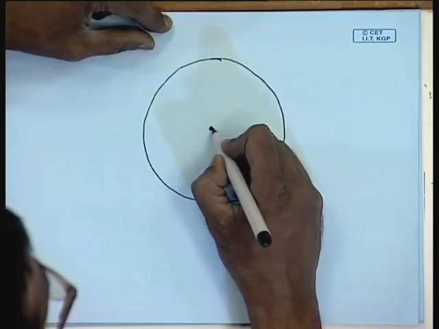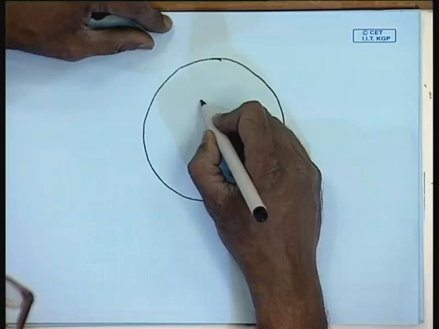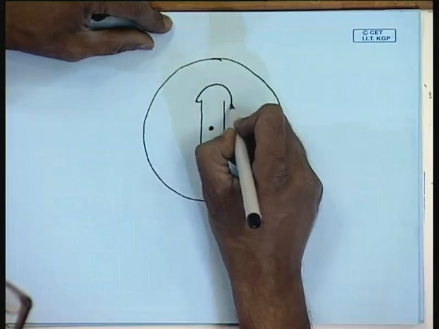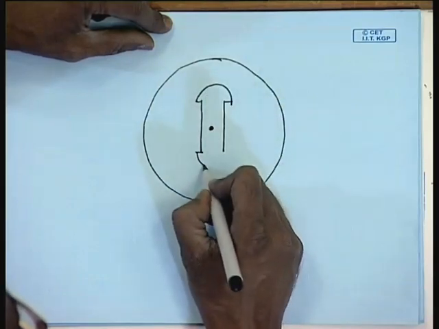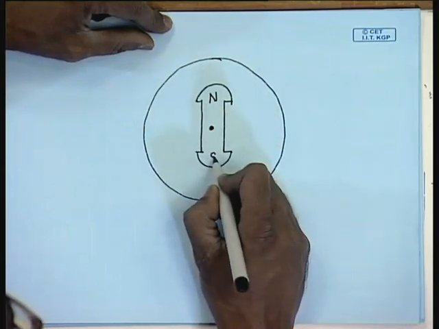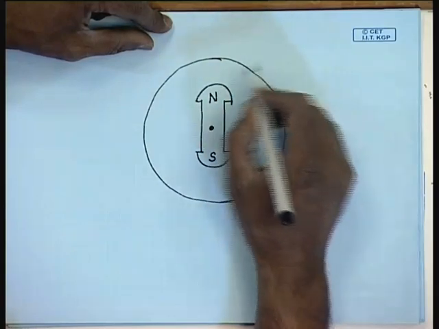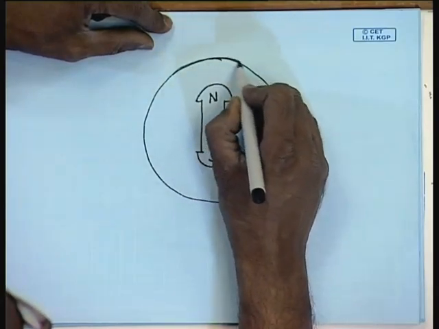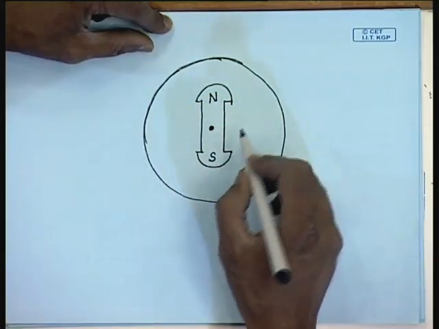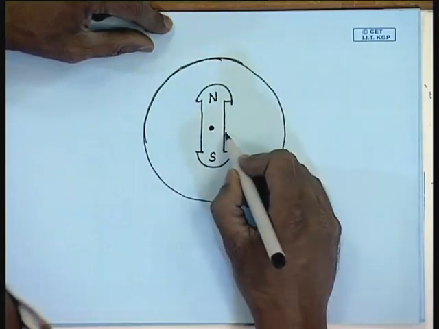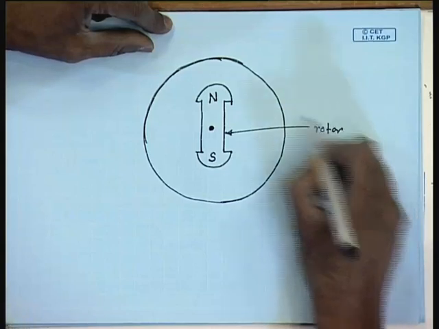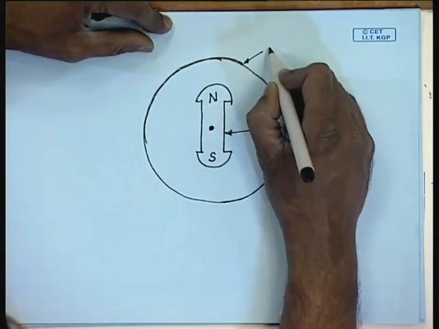Somehow at the center of it I have kept a magnet with this north pole and this as the south pole. This is not attached to the other part of the machine and it is free to rotate. Therefore, this body is called the rotor and this body which remains stationary is called the stator.